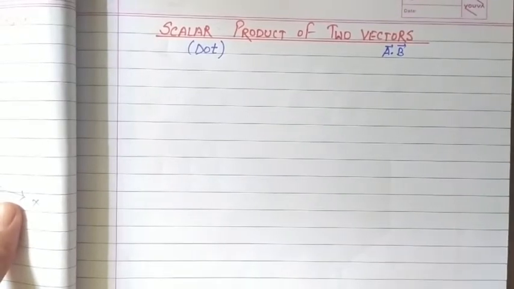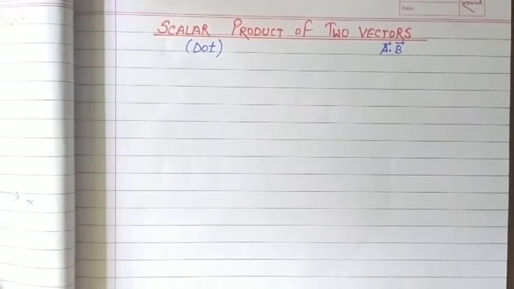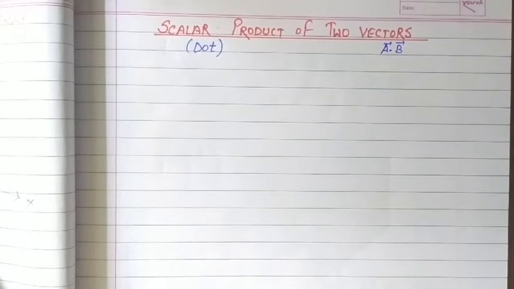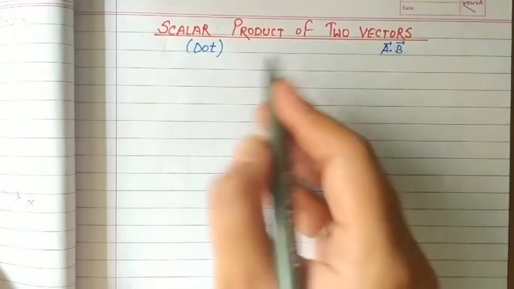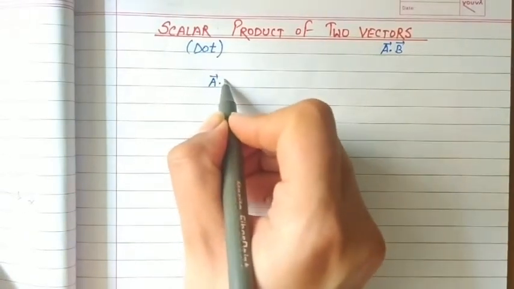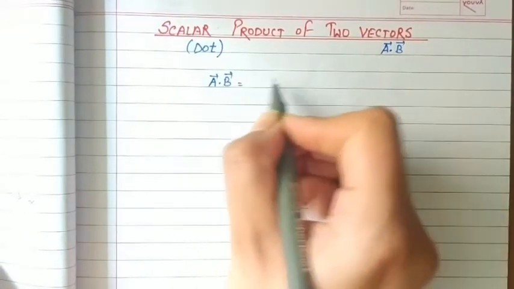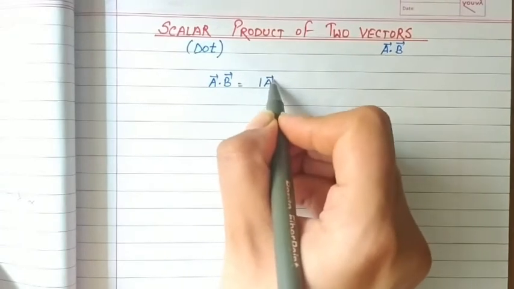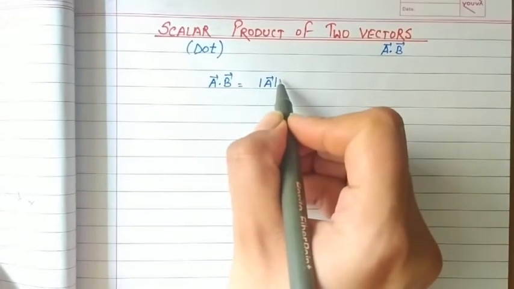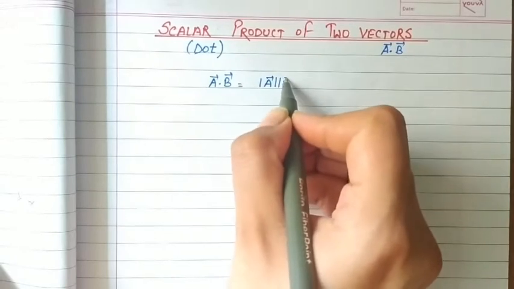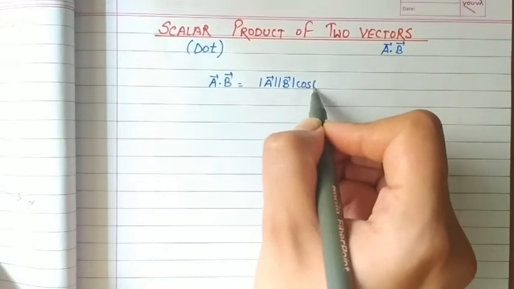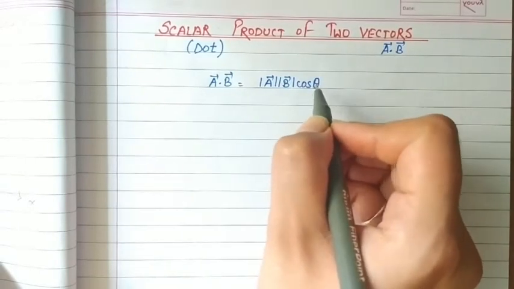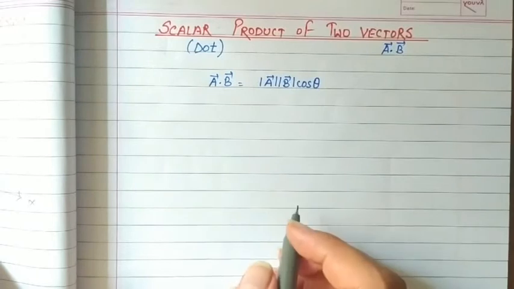So the scalar product of these two vectors is defined as the product of their magnitudes and the cosine of the angle theta between them. So if we have two vectors, then their dot product A dot B can be defined as the product of their magnitudes, meaning magnitude of A into magnitude of B, and we also multiply by cosine of angle theta, where theta is the angle between these two vectors.